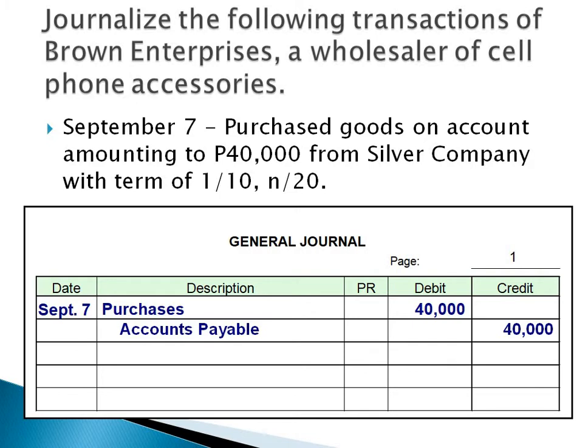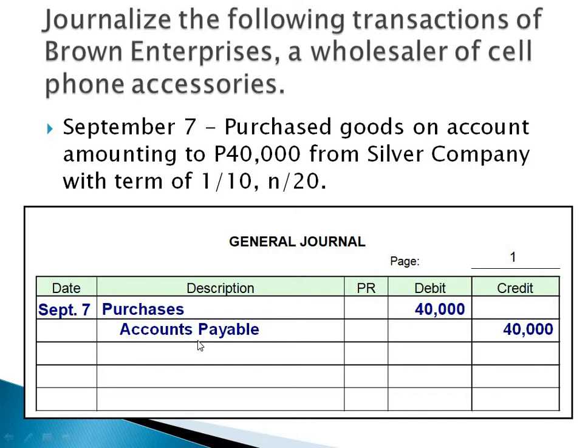But what if the words on account do not appear here? Let's say the transaction states purchase goods amounting to 40,000 pesos from Silver Company with term of 1/10, n/20. Must the credit still be to accounts payable or to cash already?